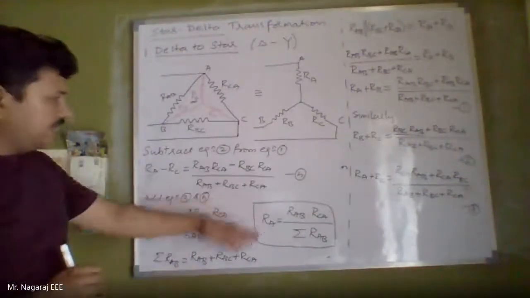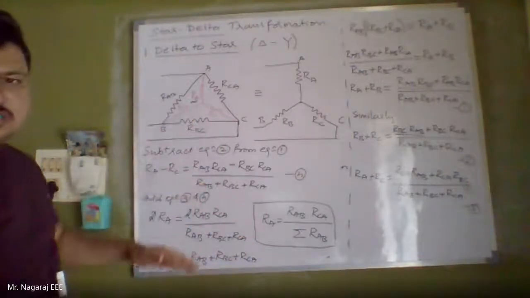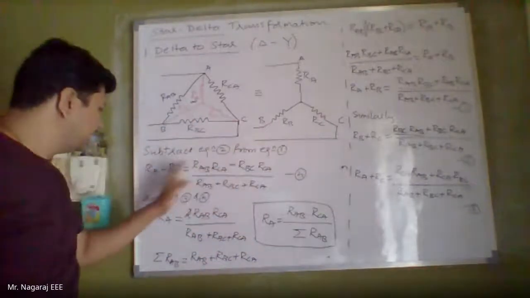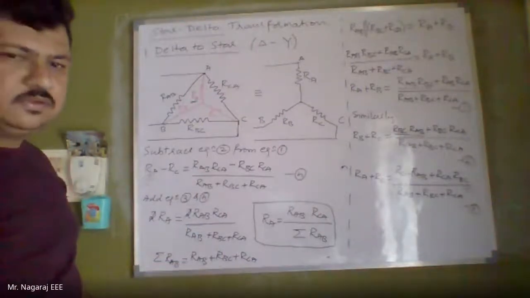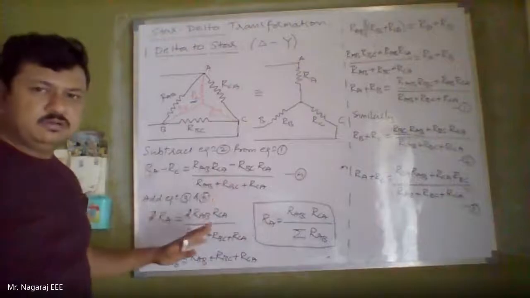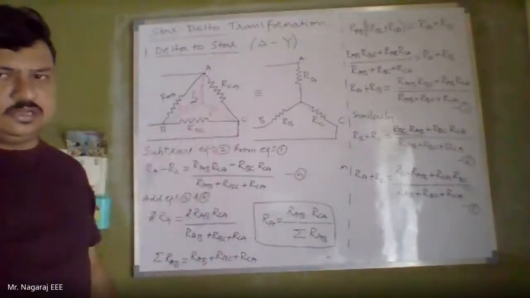On the same lines, I will get RB and RC. I will not go for this simplification, it will be lengthier. Unnecessarily, why put in the time? I know the logic now. It works for the other two terminals.